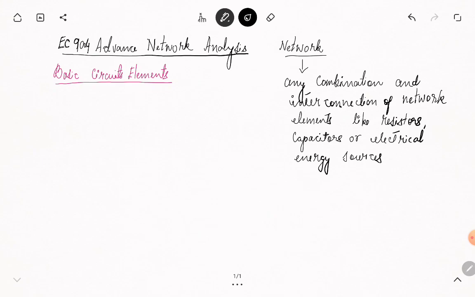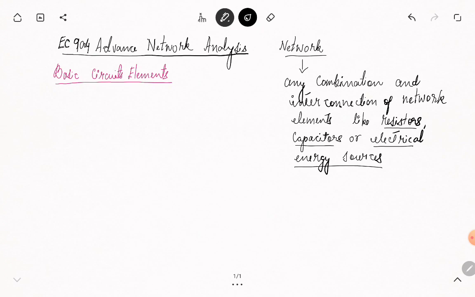Combination and interconnection of elements like the resistors, capacitors, inductors, or energy sources is known as a network.